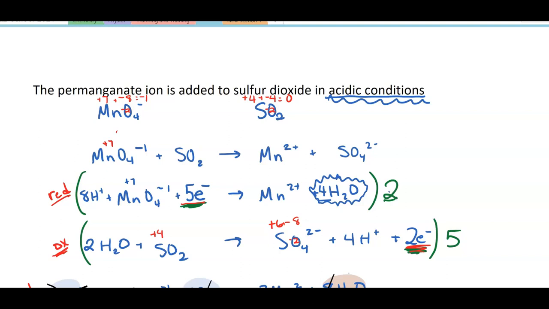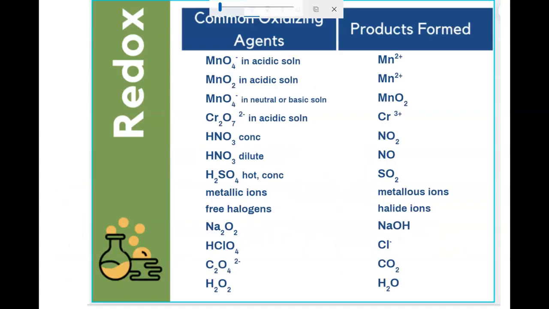That means my sulfur must be in a +4 state. So I have the permanganate ion reacting with sulfur dioxide, and the permanganate ion is in a +7 form. It is probably going to gain electrons because it's very hard to imagine it becoming more positive by losing more electrons. On a list of common oxidizing agents, or things that are about to be reduced, I see permanganate in acidic conditions is going to go to the manganese 2 form.